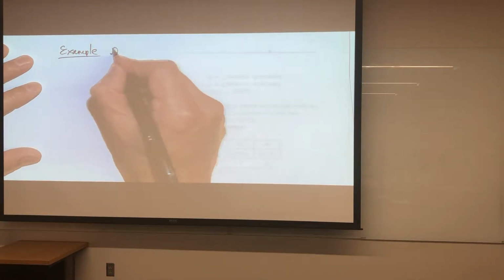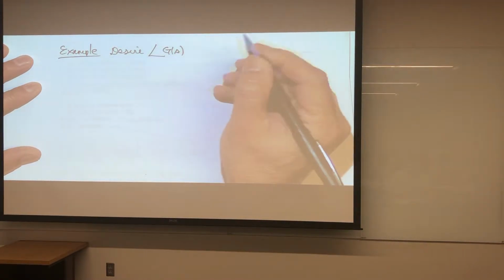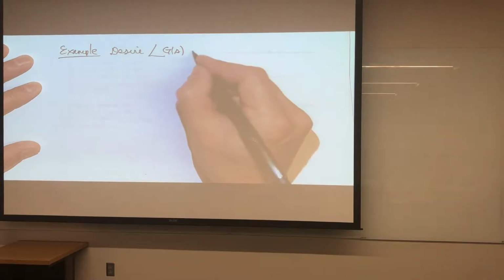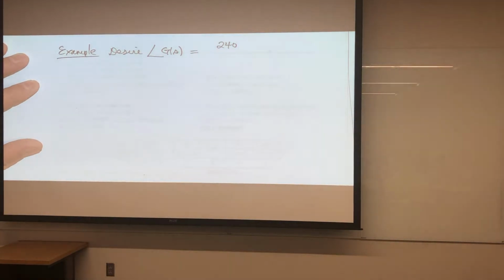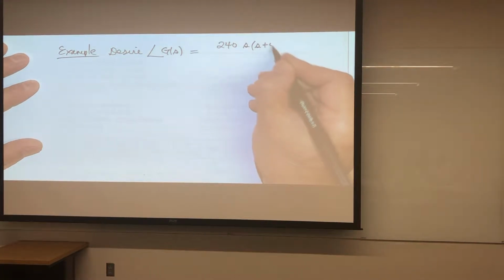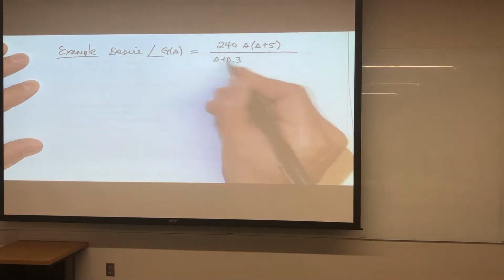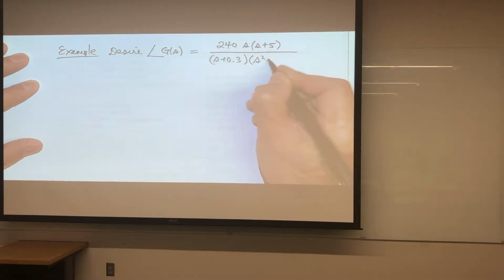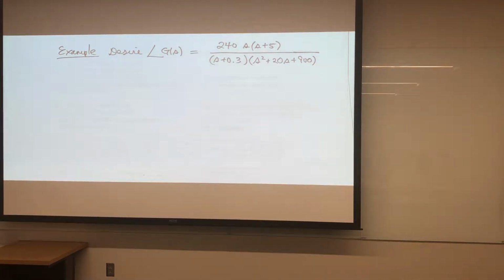We desire the phase of G of S. On Monday, I think the model was 240 on top, and then there was S, S plus 5, S plus 0.3, S squared plus, I don't remember, 20S, something like that, and there was 900. All right. So we got several different types of factors, and we're going to put it all together.